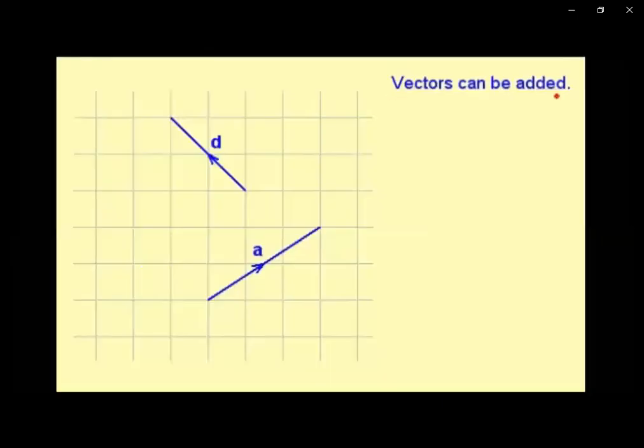I can add vectors in two ways, using the diagram or using column vectors. If I work out my column vectors for these two, this one is 3, 2. This one is -2, 2.